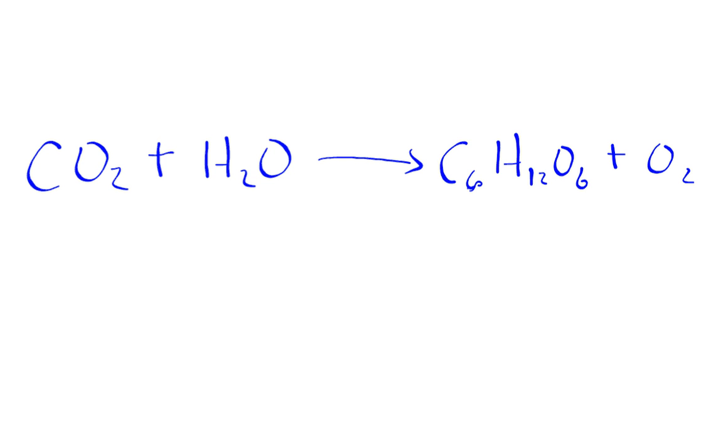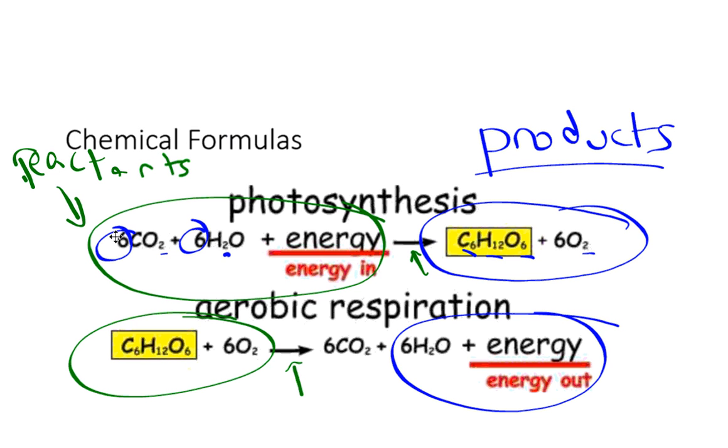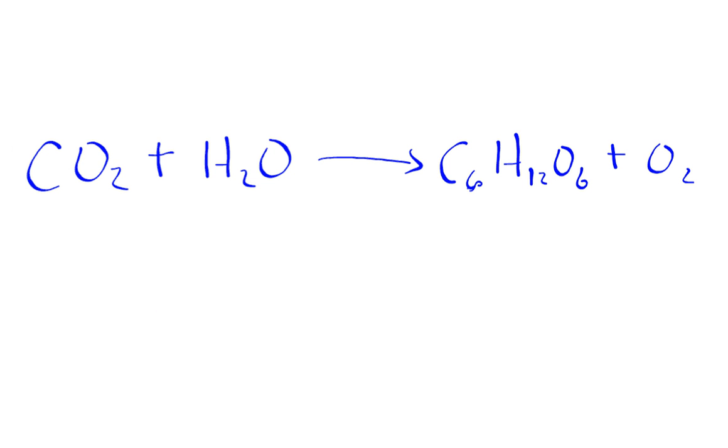Now, what those big numbers show you is they have balanced this equation to make everything nice and balanced. Because why do we balance things? Well, matter is neither created nor destroyed in a reaction. You can't just create oxygen out of thin air, out of nothing. It has to come from something. And so those numbers help us to demonstrate that. So where do we get those numbers from?